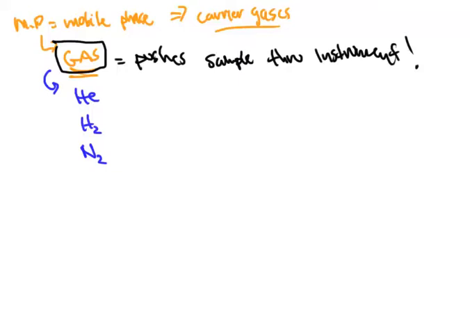If you are running a GC system, doesn't really matter what type of GC system you have, you're probably running helium, hydrogen, or nitrogen for your instrument. Now, there's some good things and some bad things about each one of these, and let's discuss them.